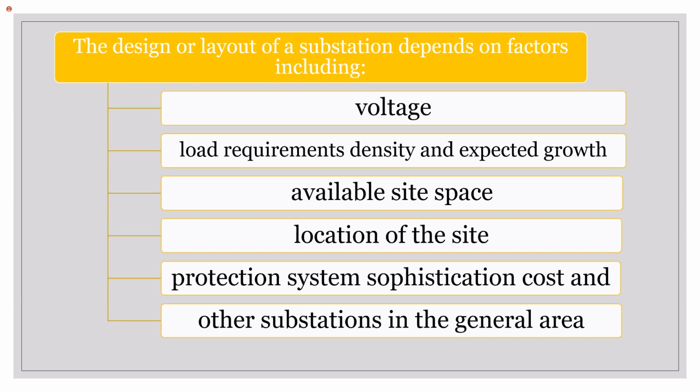The voltage level would speak to things like clearances. And we'll speak about that in a little more detail in a few minutes. So the design or the layout will be dependent on your voltage, the load requirements in terms of the density and the expected growth.